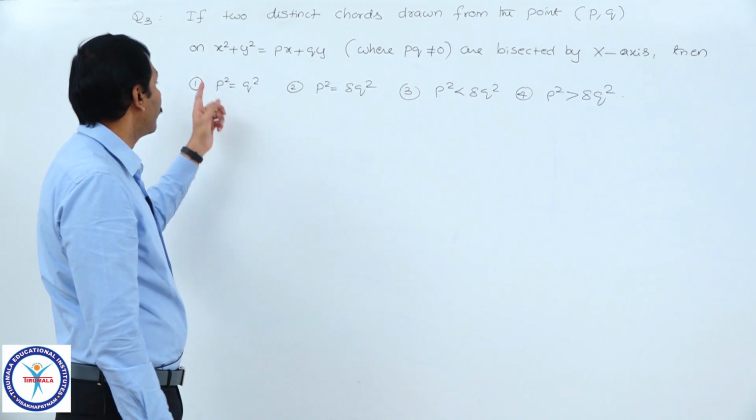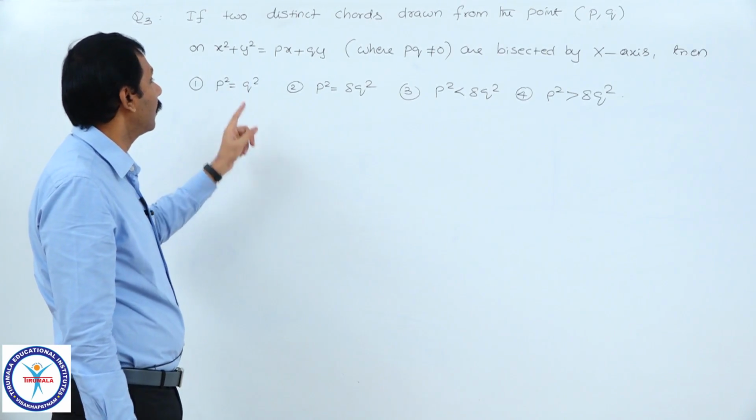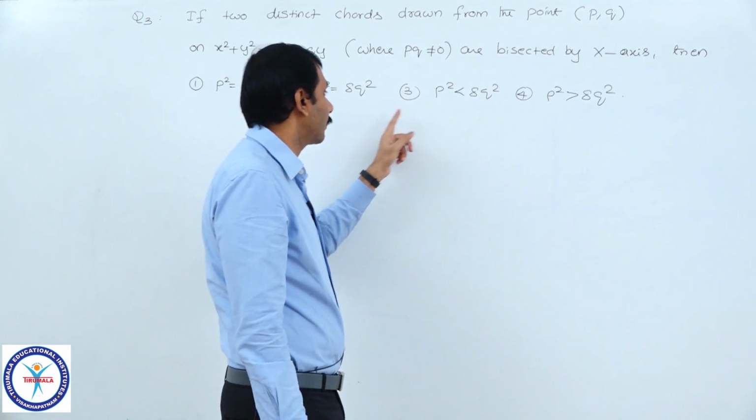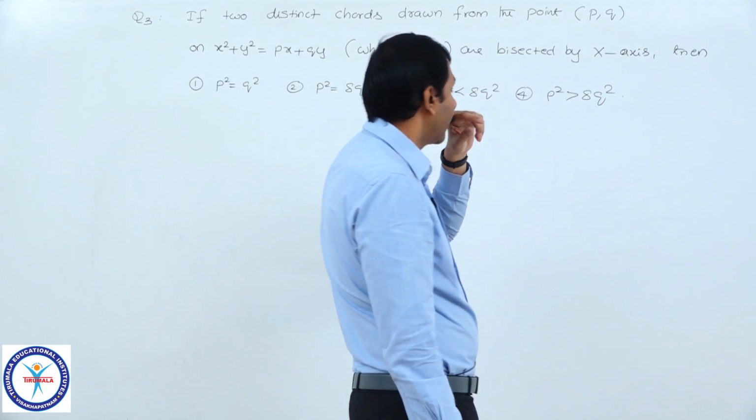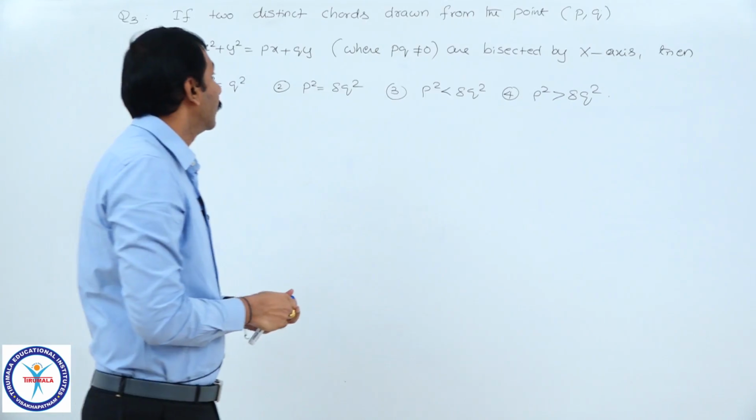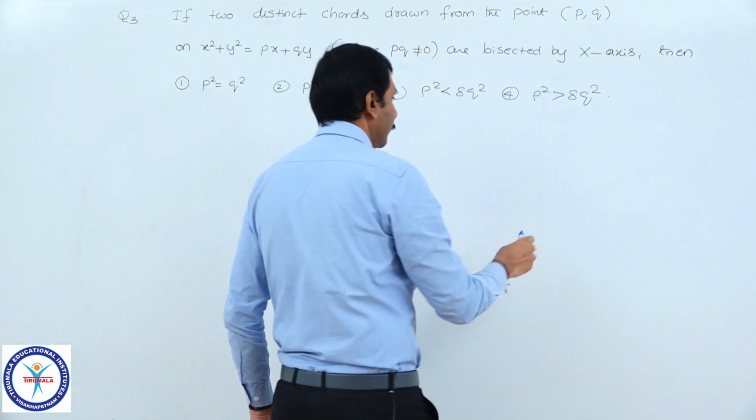Means relation for P and Q they are asking: P square equal to Q square, or equal to 8q square, or less than 8q square, or greater than 8q square. Right. See this.